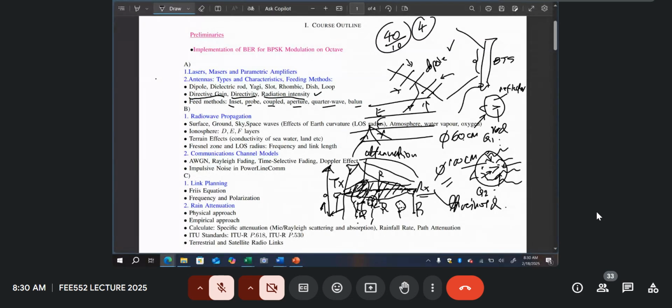Also oxygen and water vapor resonate with certain frequencies. For example, at 60 gigahertz, the millimeter wavelength is almost the size of the oxygen molecule, so there's going to be a lot of absorption happening.